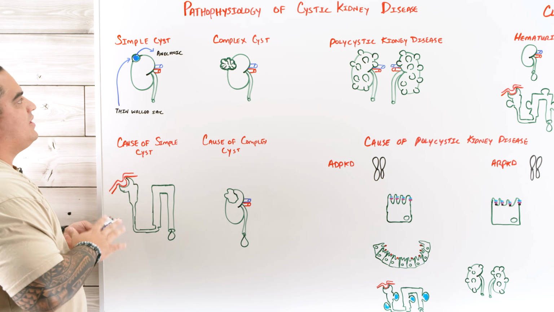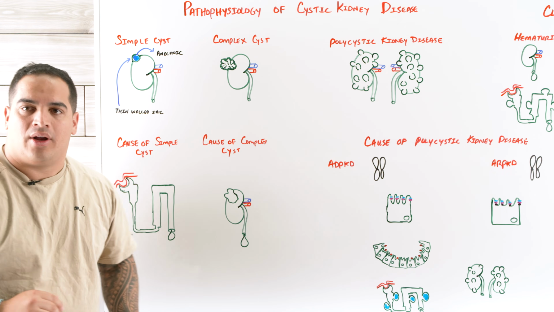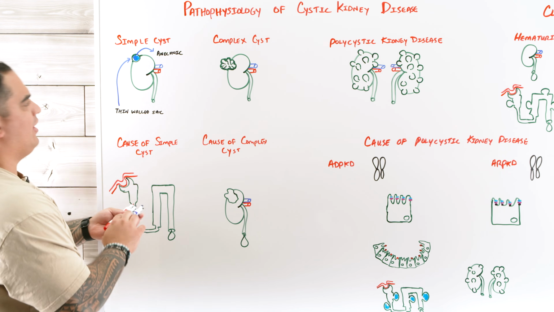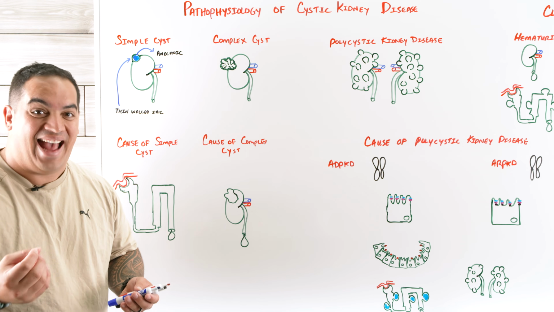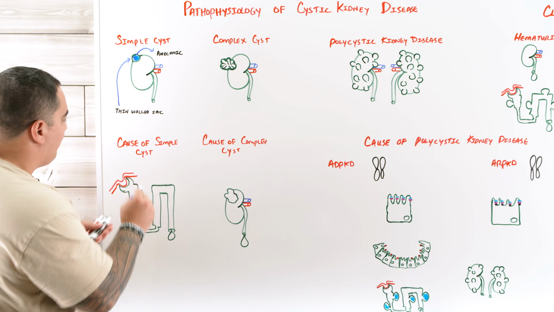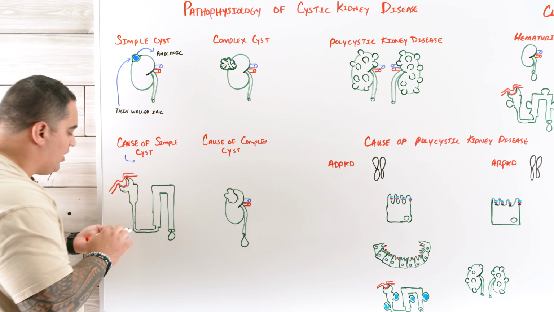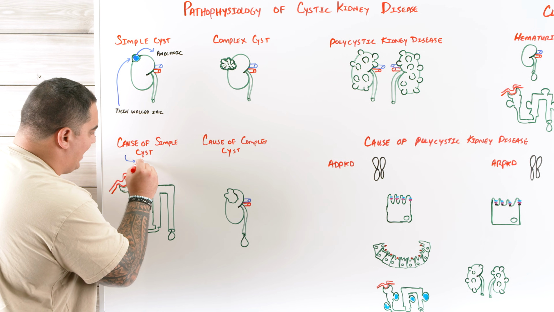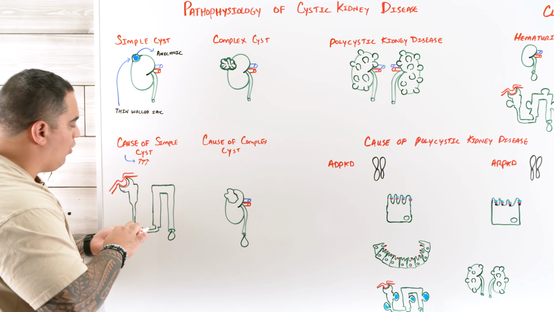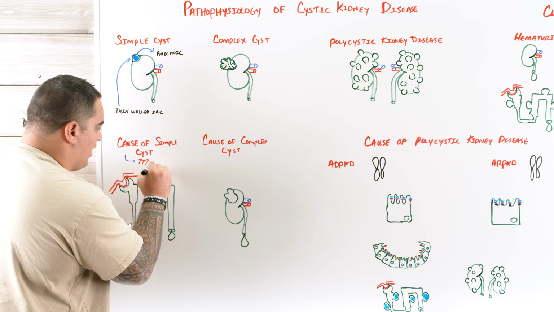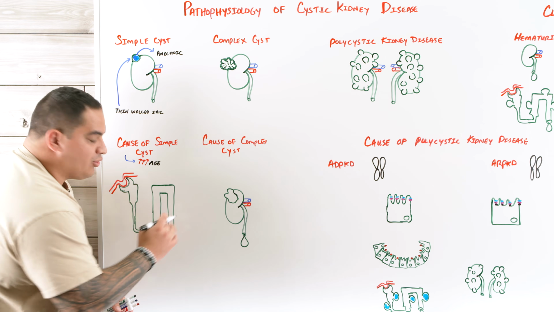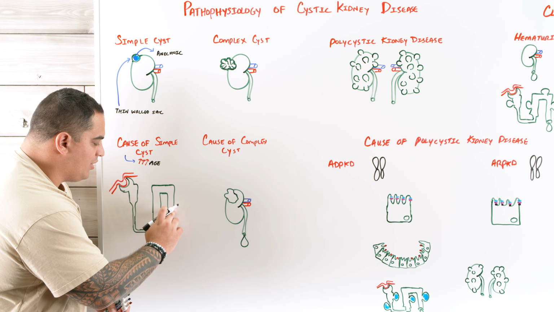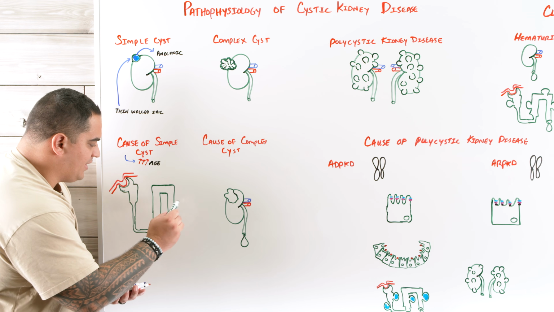Now, the reason why this thin-walled sac that is anechoic on imaging usually happens is very interesting. Oftentimes, the most common cause is increasing age. As people get older, there are many different concepts behind this, but for some reason, maybe they develop some type of obstruction within their tubular system.